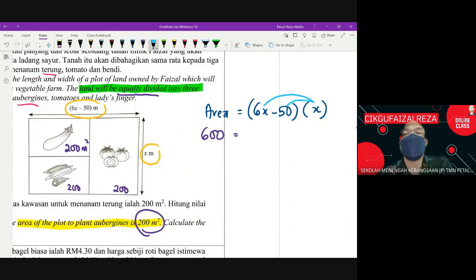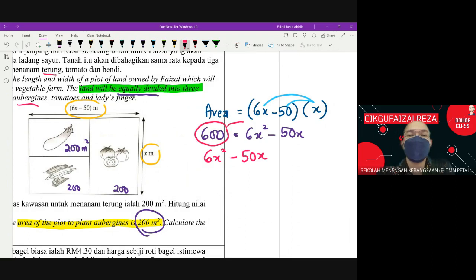So (6x minus 50) times x is 6x squared minus 50x. After that? Okay, now I want to make my equation over here: 6x squared minus 50x. I'm going to put 600 over here to the right.